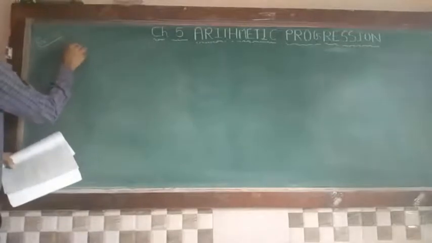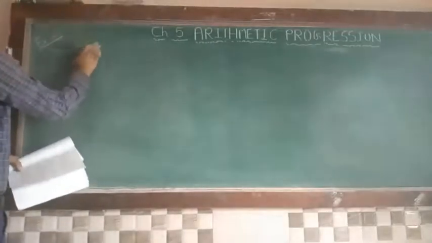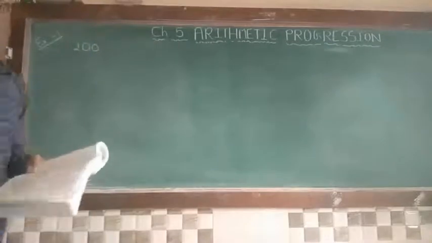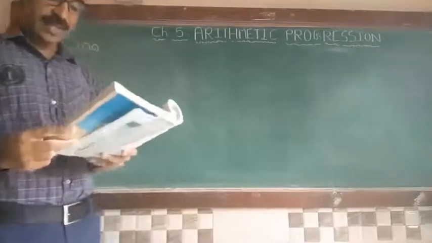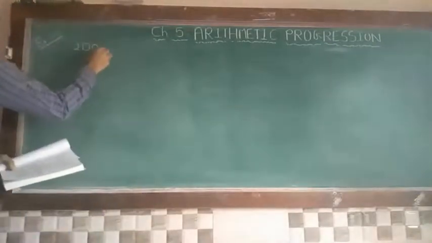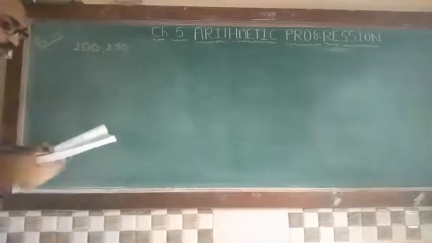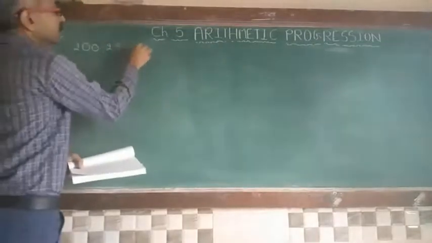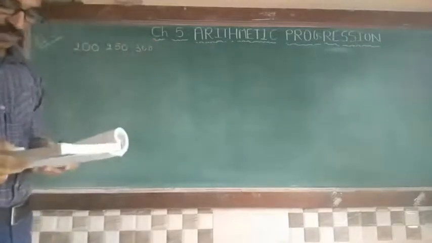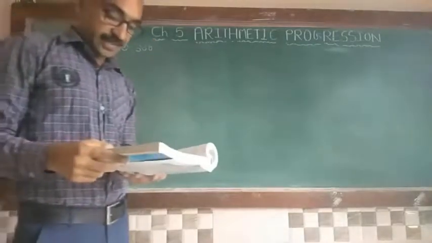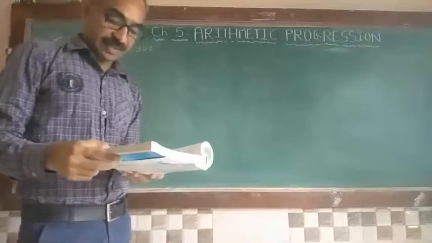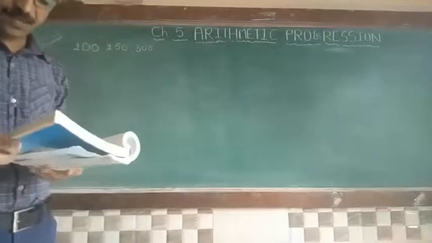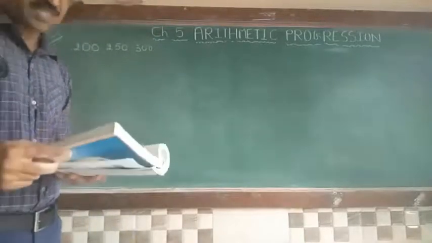Your first term is 200 because for the first day the penalty is rupees 200. Then the second day penalty is rupees 250, then rupees 300 for the third day, etc. The penalty for each succeeding day is rupees 50 more than for the preceding day.